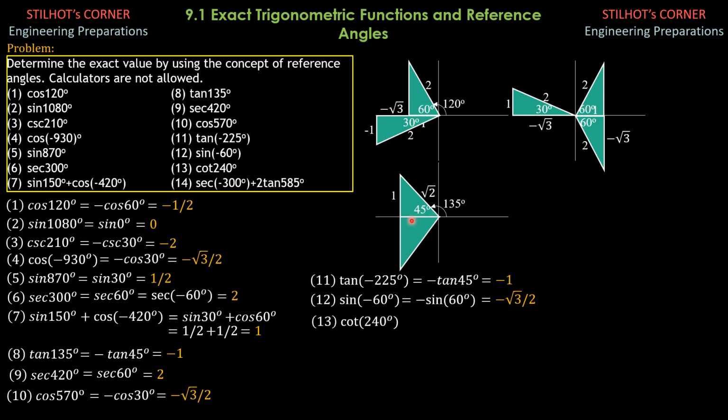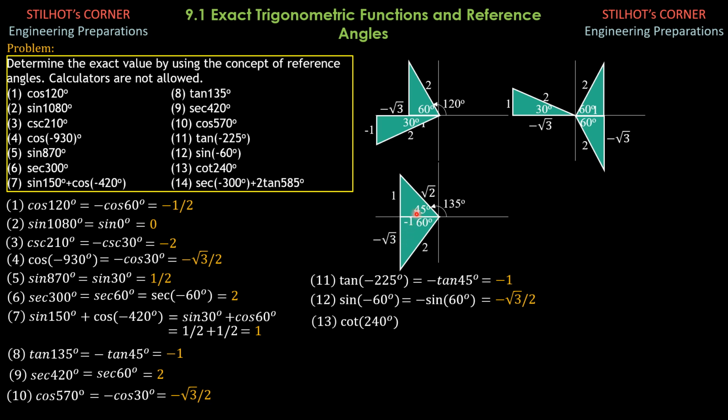Adjacent is negative 1, so negative 1, negative square root of 3, and cotangent is equal to adjacent over opposite, so negative 1 over negative square root of 3, so it is positive 1 over square root of 3 or square root of 3 over 3, and it's like cotangent of 60 degrees, positive because it is positive.